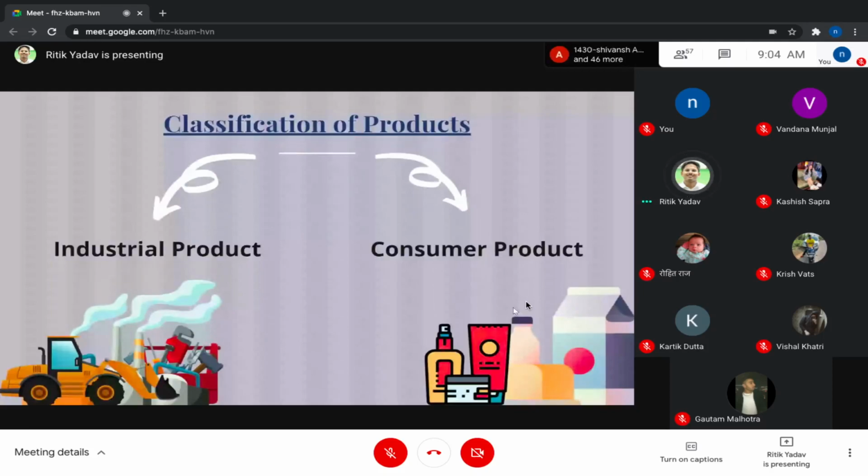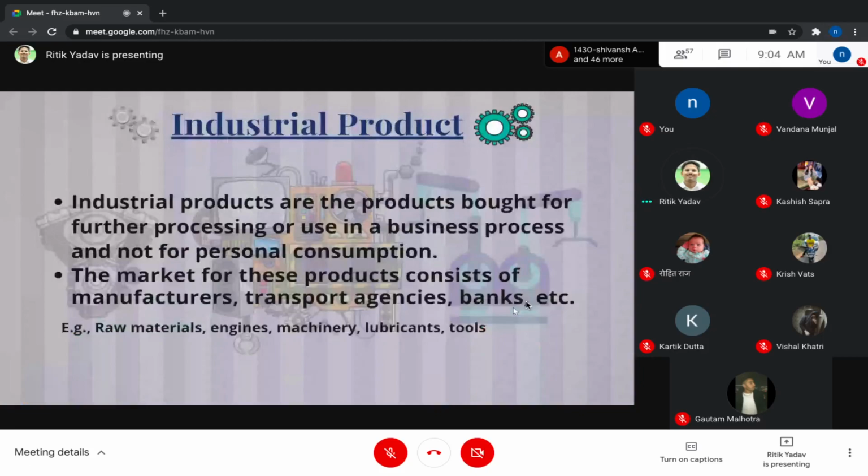First, we will talk about industrial products. Industrial products are those products which are used as inputs in producing other products. They are meant for non-personal and business use for producing other products.